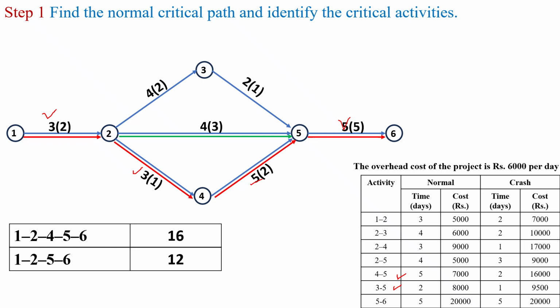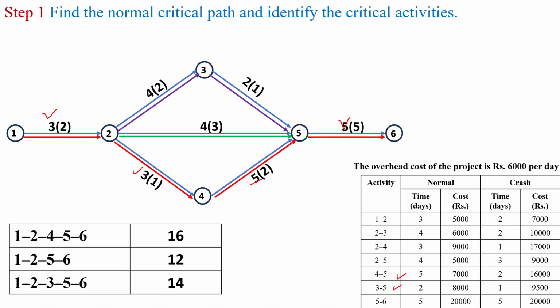Another possible path is 1 to 2, 2 to 3, 3 to 5 and 5 to 6. In this path, duration is 3 plus 4, 7, 7 plus 2, 9, 9 plus 5, 14. So there are three possible paths for this network diagram, and the critical path is the one with maximum duration.